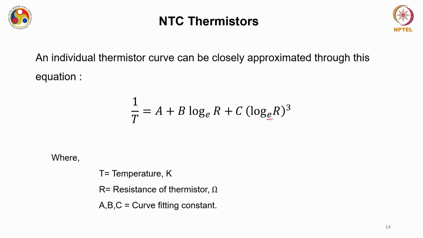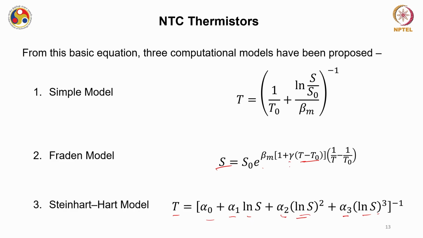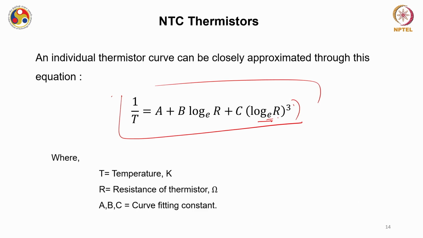Then we have seen that we can write this equation in an even more approximated way, where we can write that 1 by T is equal to A plus B ln R plus C ln R cube, where T is the temperature in Kelvin, R is the resistance of the thermistor in ohms, and A, B, C are different constants. This equation is of course derived from the Steinhart model.